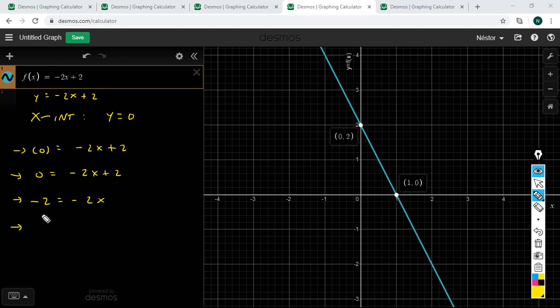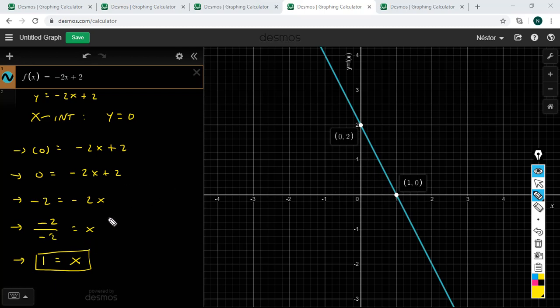Then we divide both sides by minus 2 in order to isolate the x, and we get 1 equals x. So this is the x-intercept. Does it check with the graph? Yes, as you can see. So this is how you do it, guys. And by the way, this is also not symmetrical with respect to the y-axis. That's clear. Neither with respect to the origin.